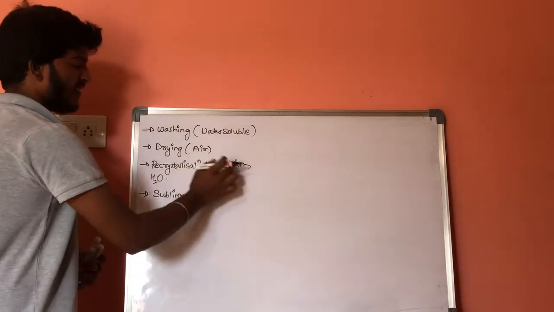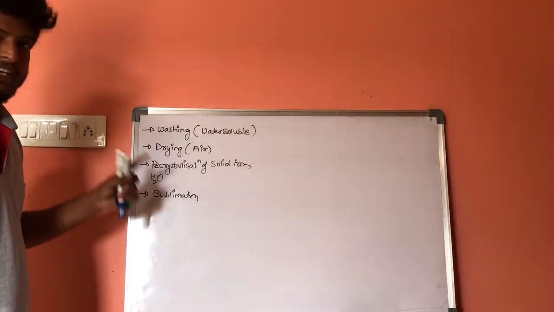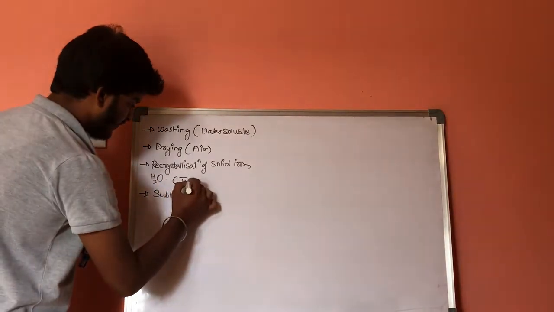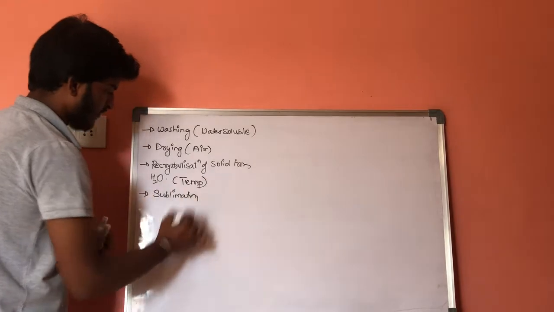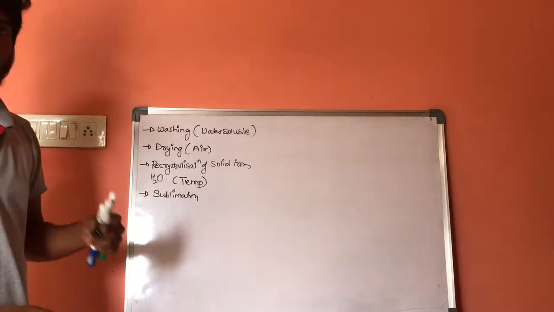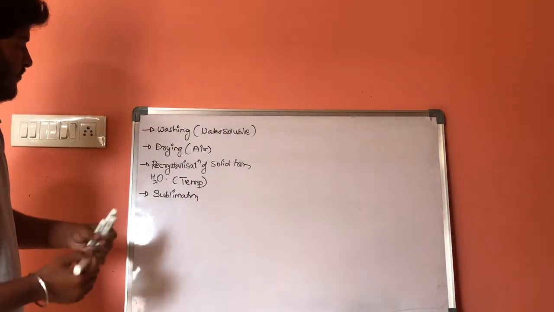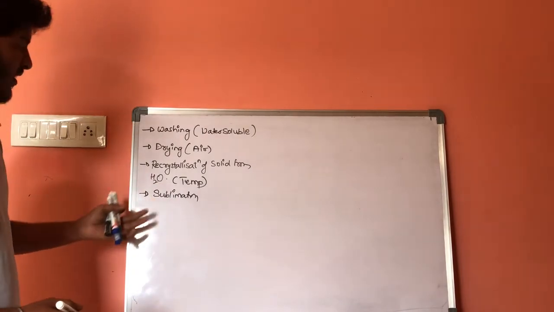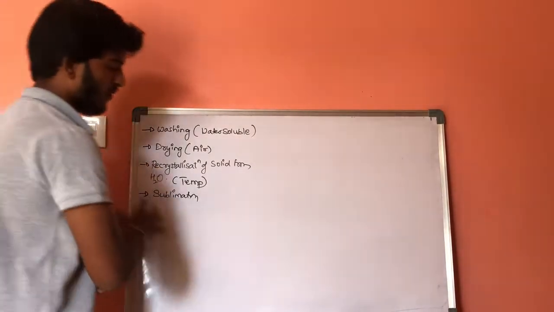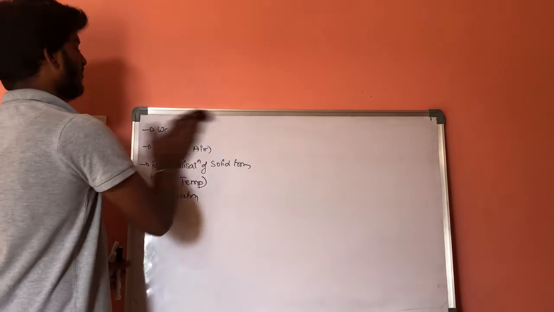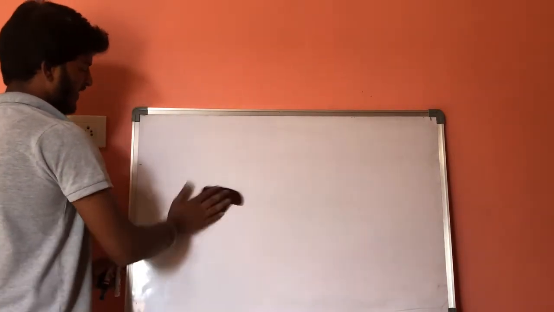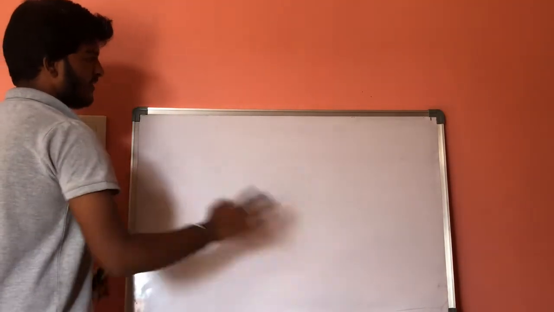And this recrystallization of solids from water is mainly dependent on temperature. Whereas this sublimation is the process of conversion of solid into gaseous form without converting into liquid form. So these are the four different methods which are used to minimize the impurities present in the substance.